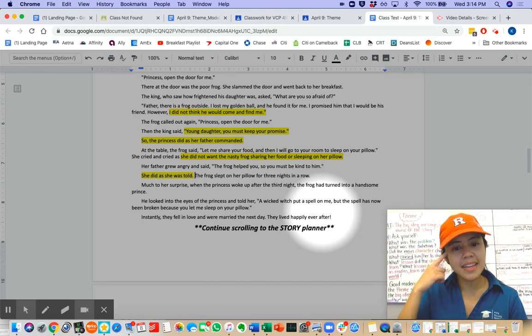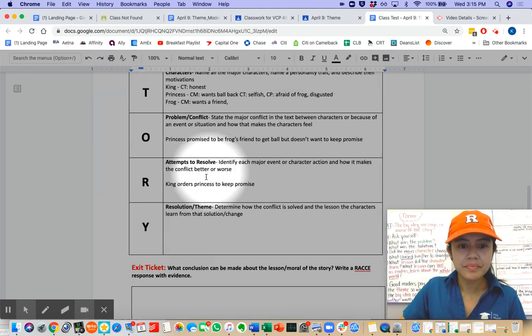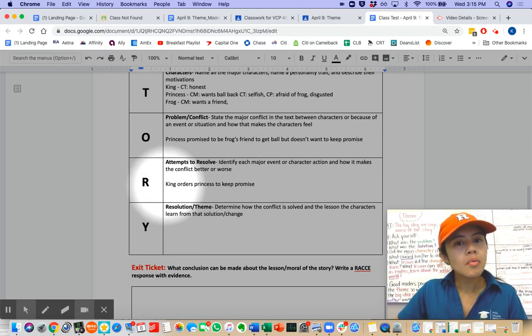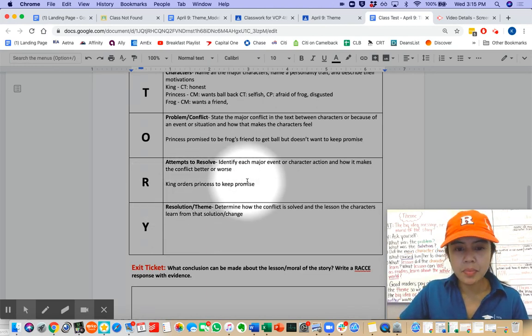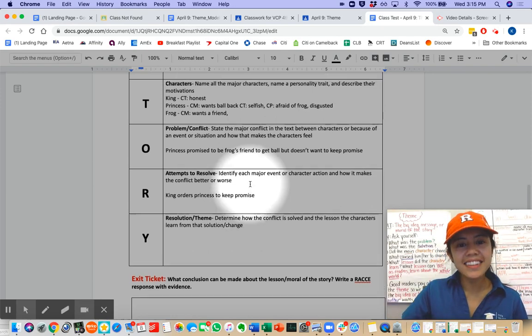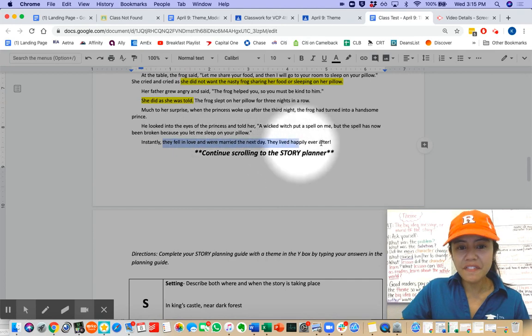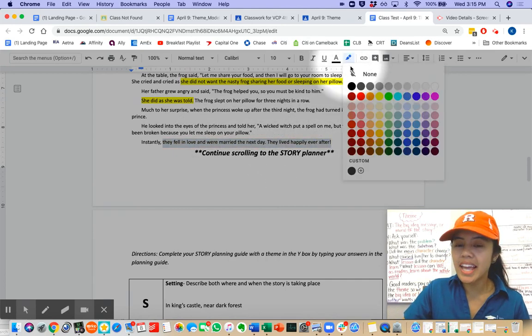So let's think, friends. When the princess kept her promise, did that attempt to resolve work? Yes! In the end, they fell in love and lived happily ever after.